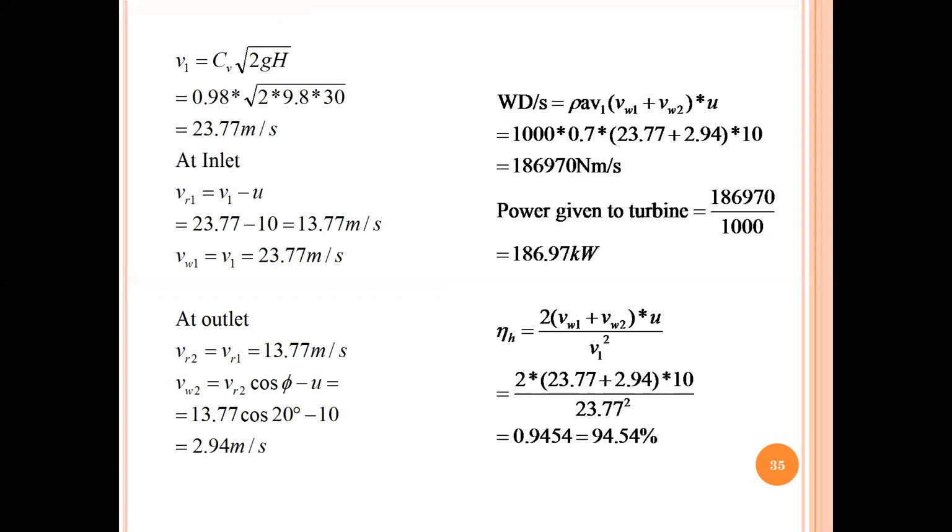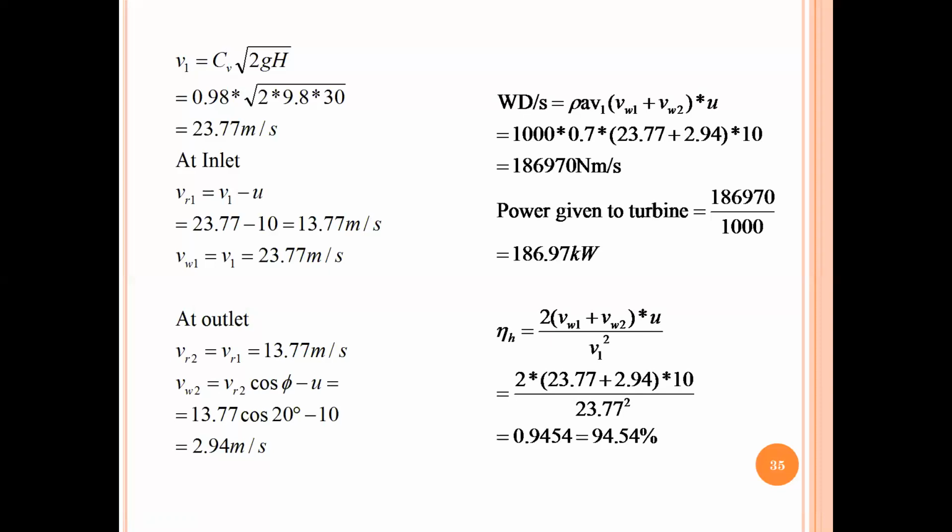Now we'll calculate the work done per second, that is rho A V1 into VW1 plus VW2 into U. Here rho is the density of water. We know that it is 1000 kg per meter cube, into 0.7 is the discharge. Your A into V1 is the discharge. Into VW1 plus VW2, we have calculated both these values, into 10.